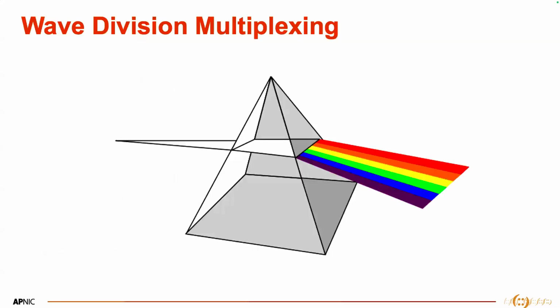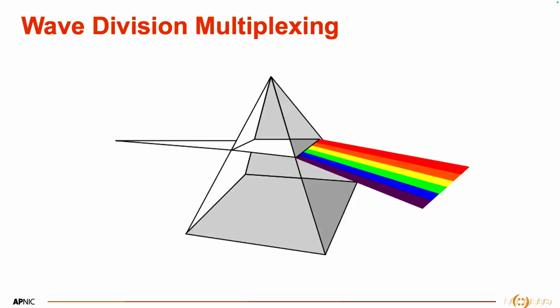So what is WDM, wavelength division multiplexing? Wavelength division multiplexing is combining the different wavelengths from the source into one single signal, right?